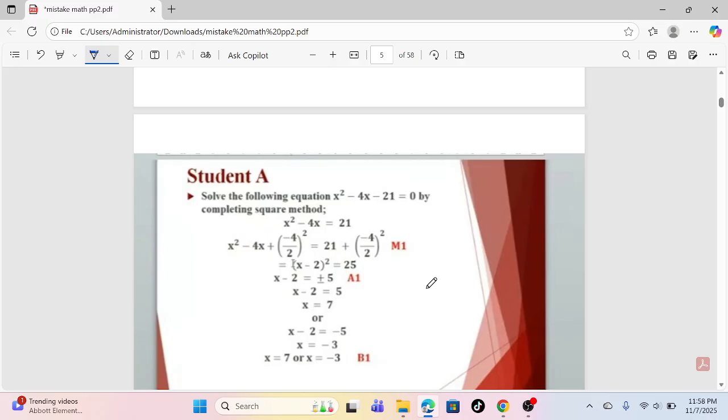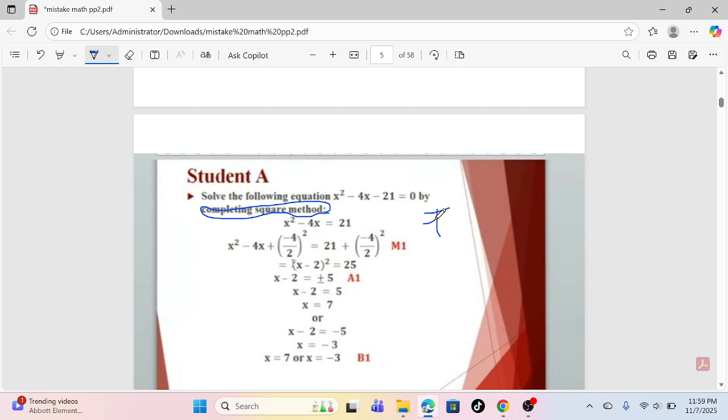So if the question instructs you to use, for example, in quadratic equations, the method of completing the square, and a student commits himself or herself to using the formula, minus b plus or minus the square root of b squared minus 4ac, divided by 2a.